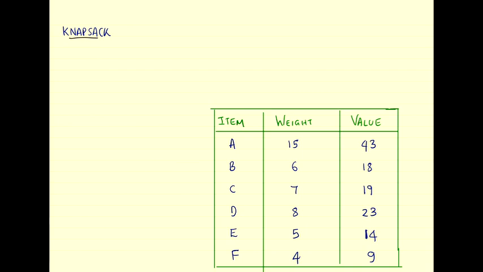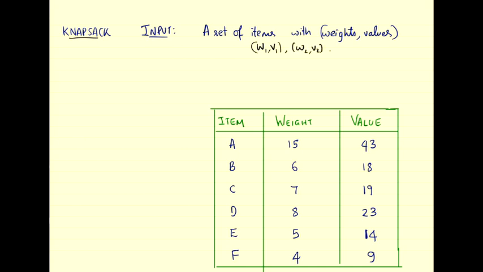So you want to figure out the most valuable set of items to put in your knapsack. Here's the input: a set of items with weights and values, W1, V1, W2, V2, up to Wn, Vn.